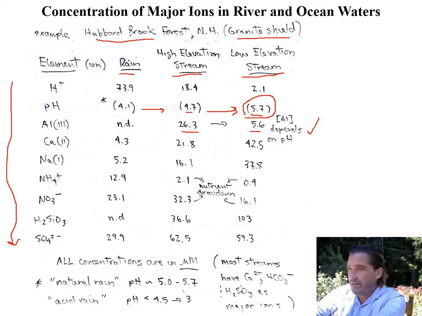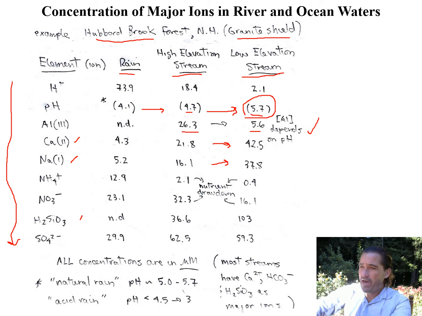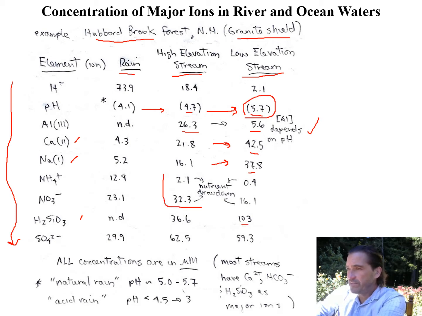Other things such as calcium and sodium and, say, silicic acid, what we see in these cases is that they accumulate. They're more of an additive constituent as we continue to add more tributaries to the stream, and their concentration actually increases here. And then lastly, what we see is the nutrients.